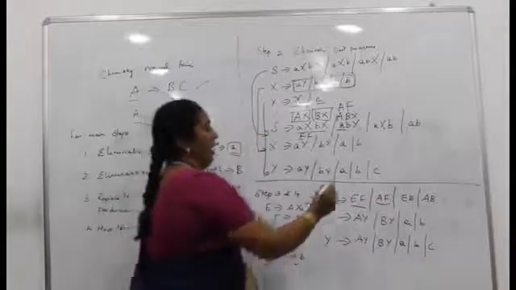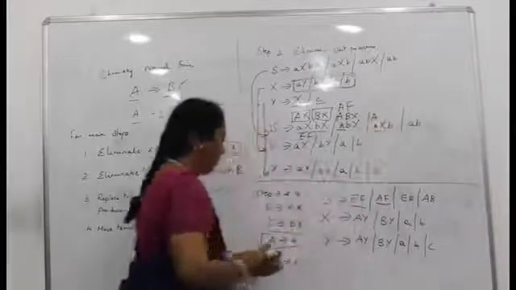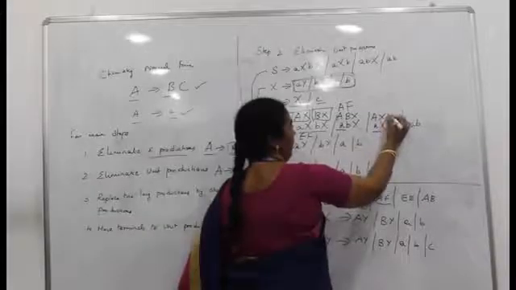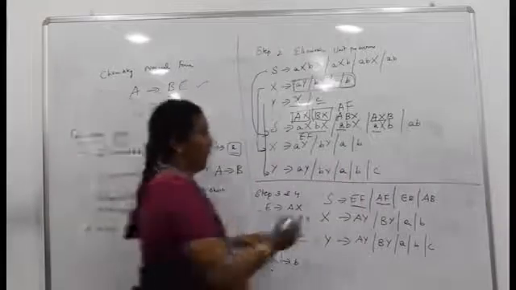And in the third one, again replace the terminal a by capital A using the production A gives a. Again it will be X, B. This AX can be replaced using the production E gives AX.